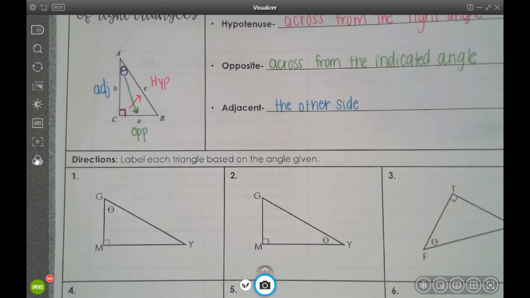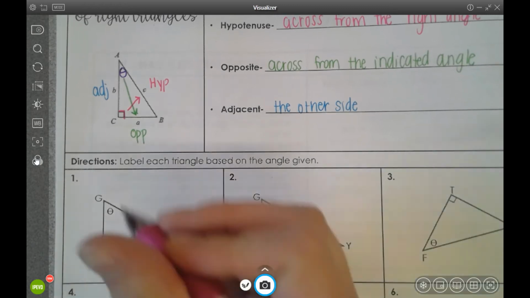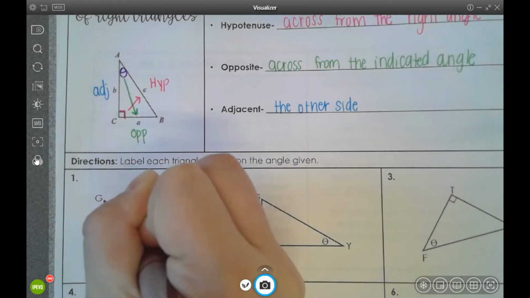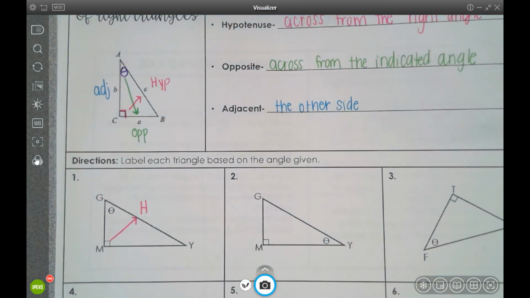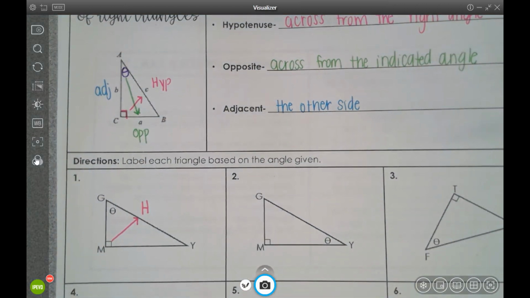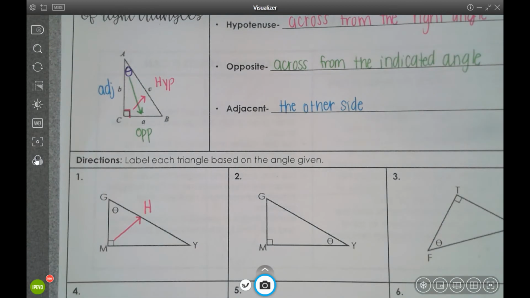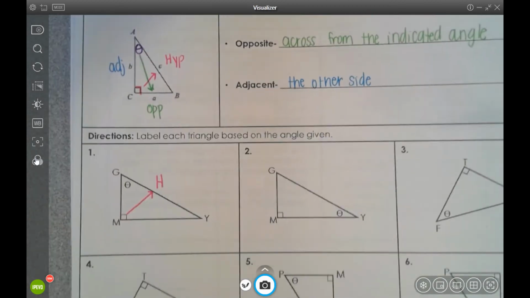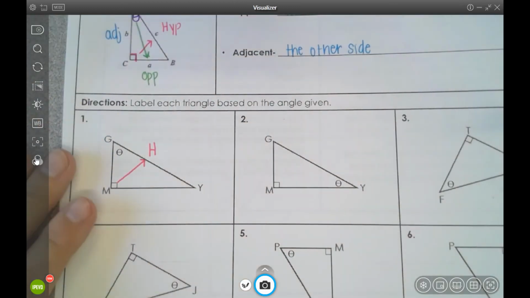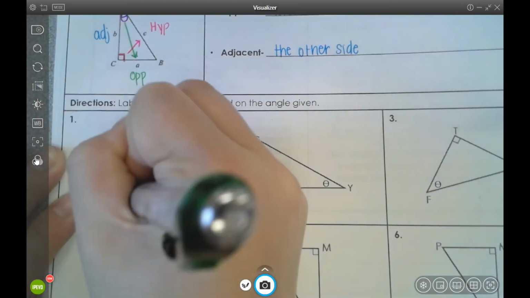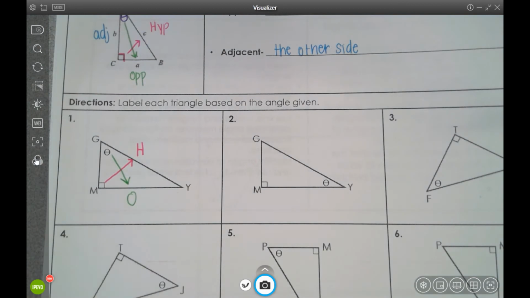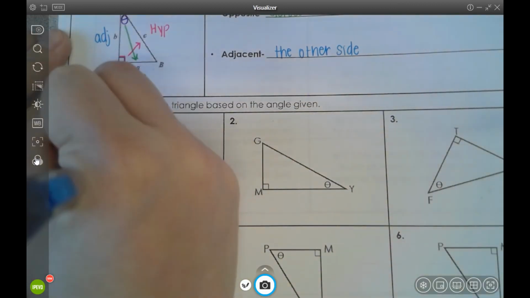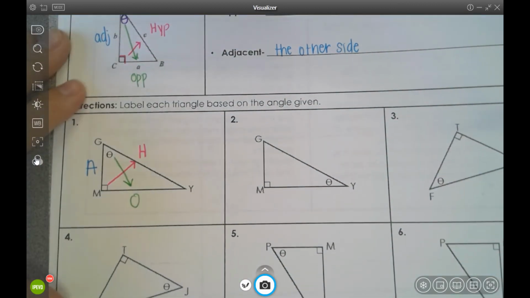All right, so across from the 90, that's my hypotenuse. Then in this case, G is the indicated angle. That's the one that we would be working with. So across from that is the opposite side, leaving the other to be my adjacent side.